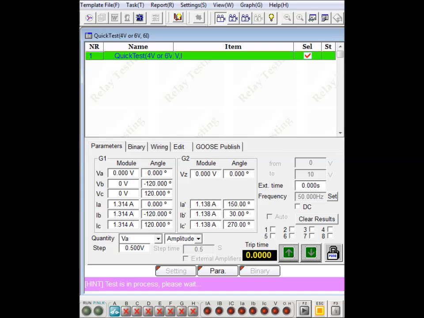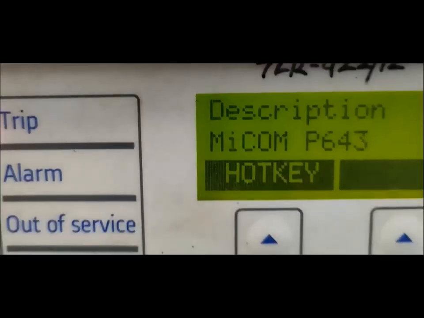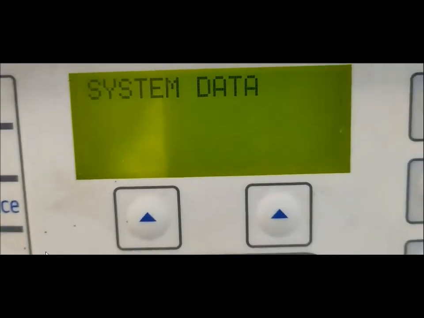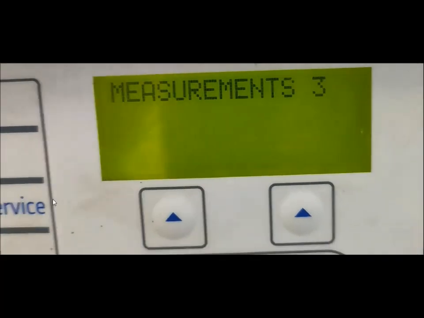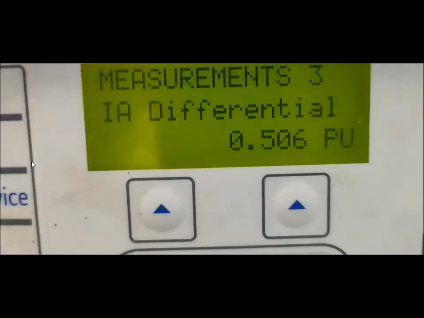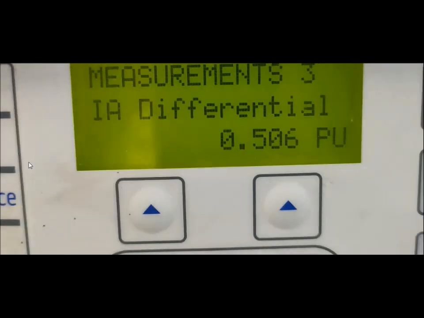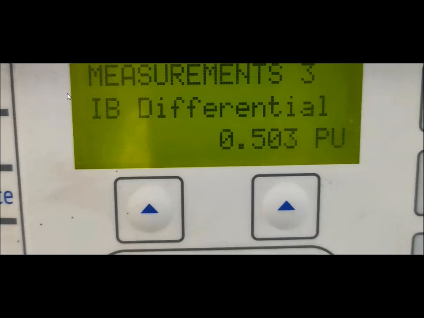Therefore the ID comes as 0.5 per unit, and I bias comes as 1.55 per unit. If we divide ID by I bias, it comes to 32%. Since the slope of 32% is beyond the 30% region, the relay will operate and send a trip signal.